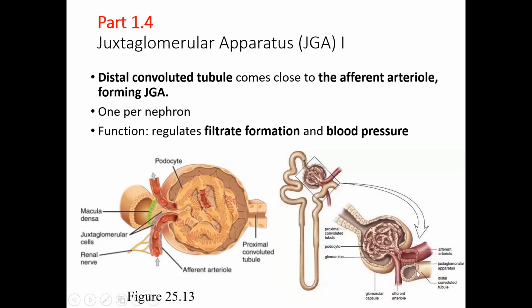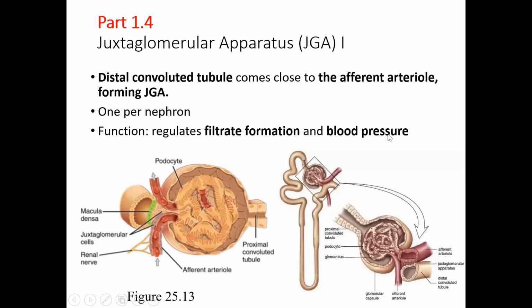Distal convoluted tubule, afferent arteriole. The cells located between them and on them make the juxtaglomerular apparatus, one per nephron, and its function is to regulate filtrate formation and to regulate blood pressure.